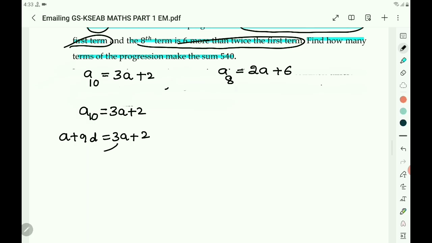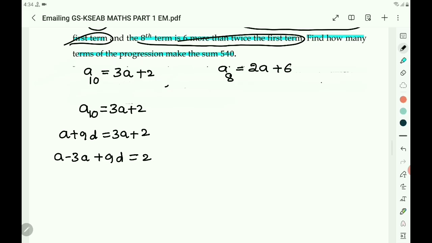Then take a minus 3a plus 9d equals 2, that is 9d minus 2a equals 2. Consider this is the first relation.